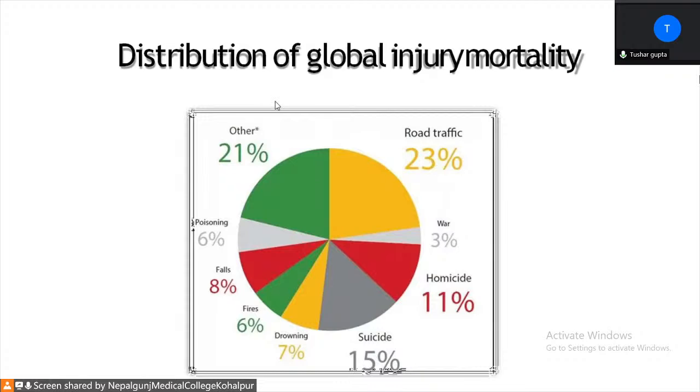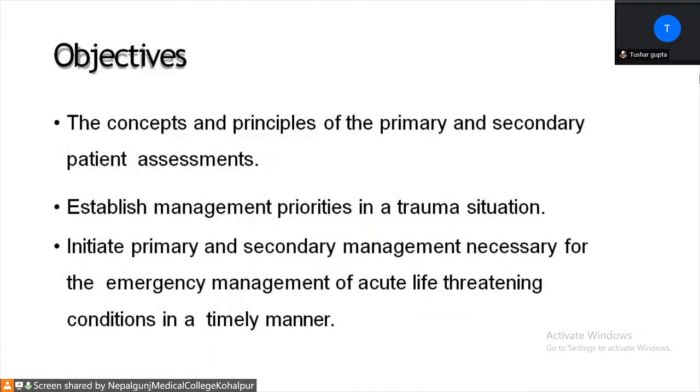Yes, sir. Let's continue from the objective then again. The main objective is these concepts, the principles of management of primary and secondary patient assessment, because the primary and secondary assessment of the patient results in treatment, and the treatment depends accordingly.